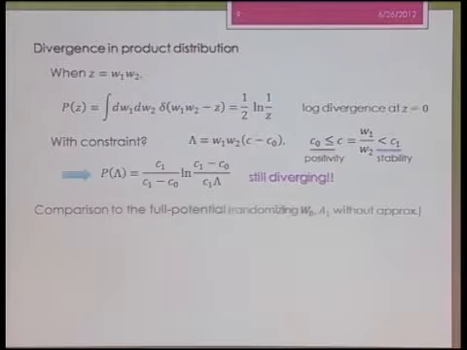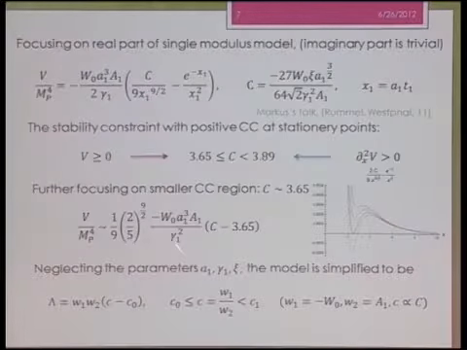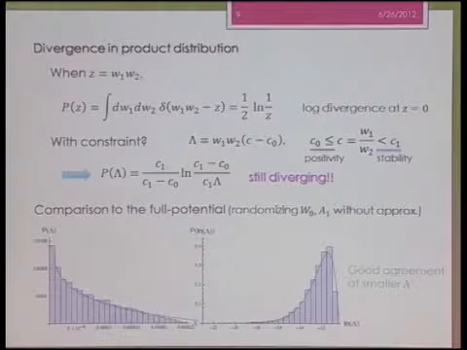And we can compare this result with the numerical simulation, which is obtained by solving the moduli fields with random parameters W0 and A1, without any approximation, meaning without the approximation of the perturbative expansion and also without the linearization. I analyzed the full potential numerically, and we saw a nice agreement here.